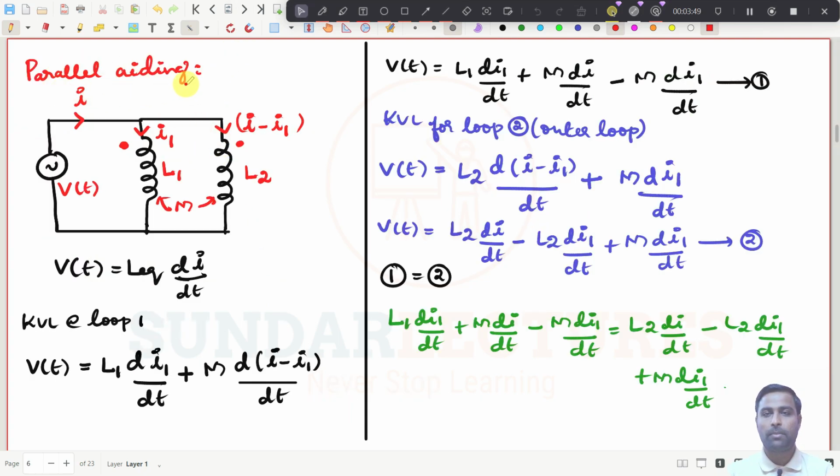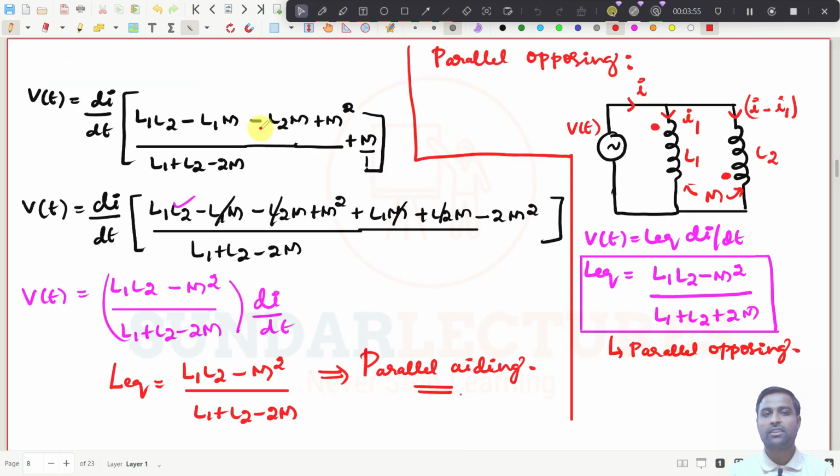If two coupled coils are connected in parallel and aiding, then what is the equivalent inductance of the circuit? That is what we have found, and I have left it to you to find the value of L equivalent, that is the equivalent inductance in the circuit if two coupled coils are connected in parallel and opposing each other. I have given you the answers, and you try to do it by yourself, right?